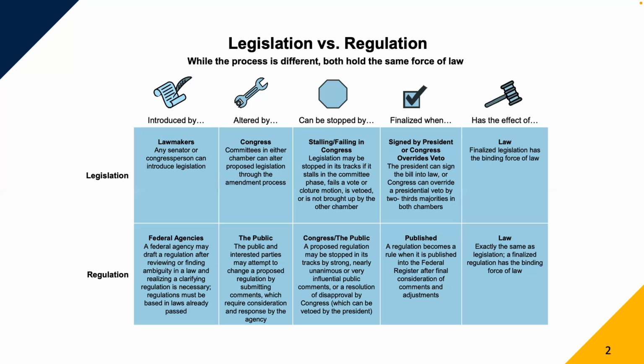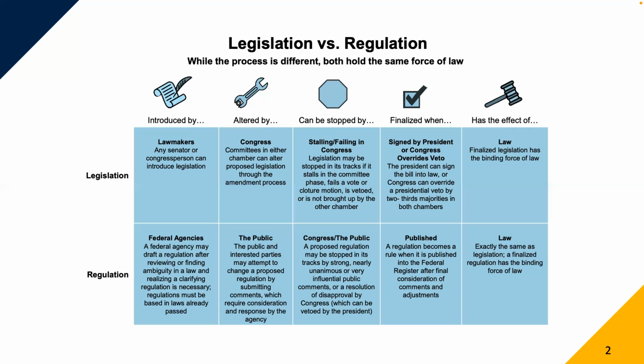A lot of this process is analogous to state level laws. But agencies will propose a rulemaking, and that goes out into the public, and the public is allowed to comment and provide feedback for some period of time, usually not less than about 60 days, although it can be a lot longer.